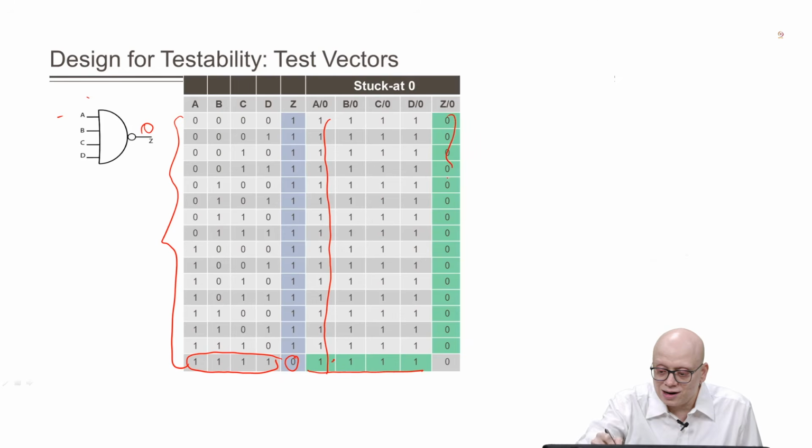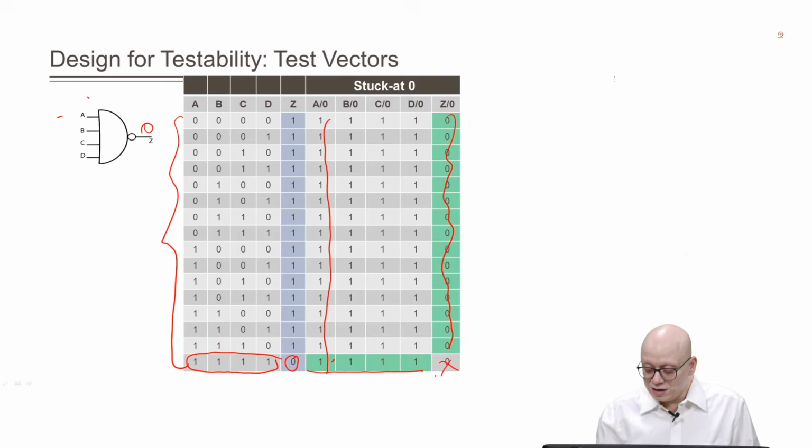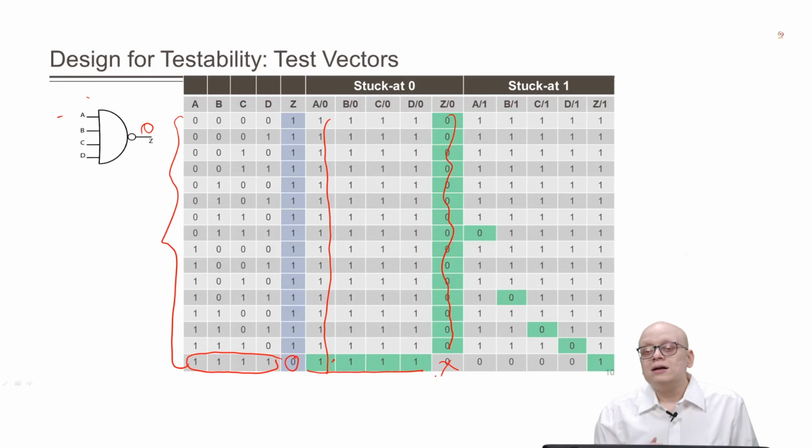So, all these are valid test patterns except this one, right. Similarly, we can derive the test pattern for the case when A is stuck at 1, B is stuck at 1, C is stuck at 1, D is stuck at 1 and Z stuck at 1, right. So, these are the patterns.